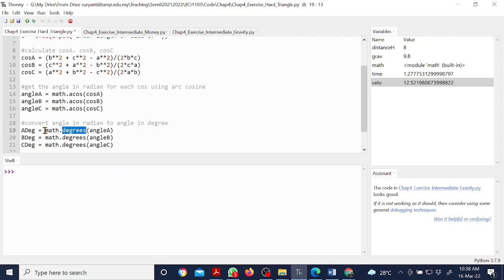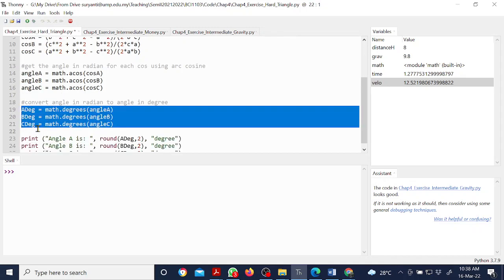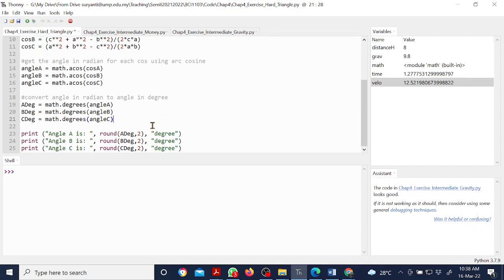So I will use math dot degrees. What I'm going to convert is angle A, angle B, angle C. So now we already have the angle in degree. Okay. So after that, I will print my angle here. Print the angles in degree. Okay, so I will print in degree.